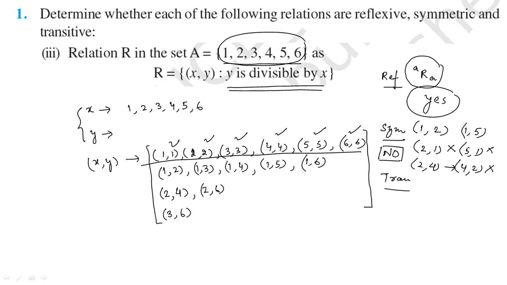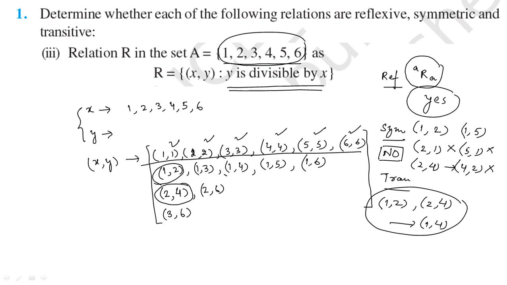What about transitive? If I am talking about 1 2, 1 2 is there. Then 2 4. And the next one 1 4 is also there. 1 2 is there, 2 4 is there and 1 4 is also there. What about other points?